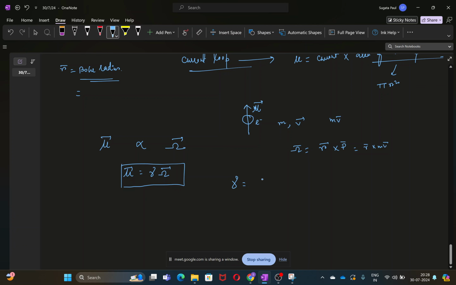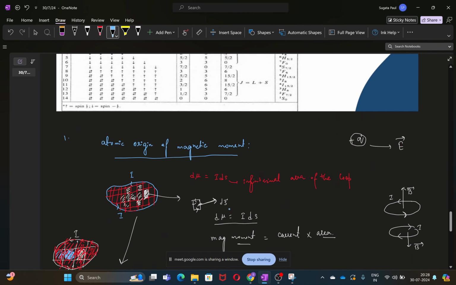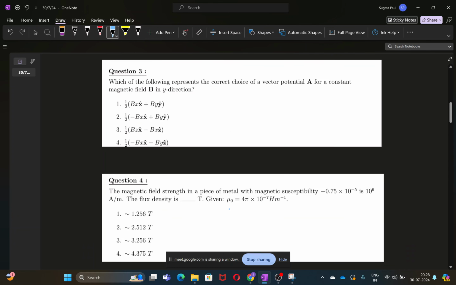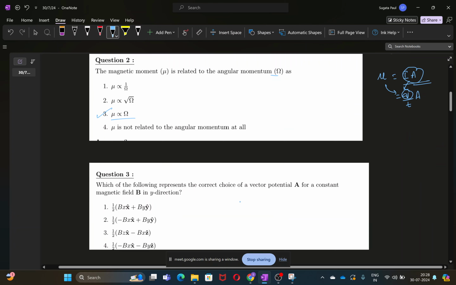The gyromagnetic ratio is the ratio of the magnetic moment to the angular momentum. This is the connection you have to make between magnetic moment and angular momentum: they are directly proportional, and the proportionality constant is the universally known gyromagnetic ratio. Okay, so our second question is done.